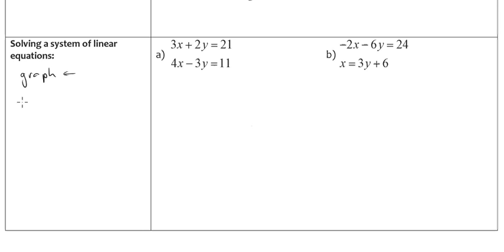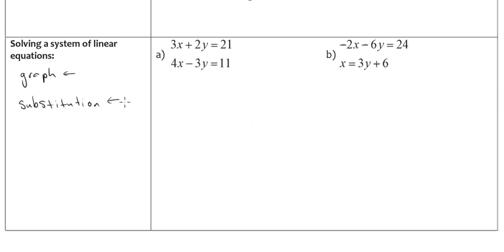Other than that, we have substitution. And substitution can be very useful. That's probably the one that we'll be using the most throughout this year, because we'll be setting some linear and quadratic or cubic functions and trying to figure out what their solutions are.